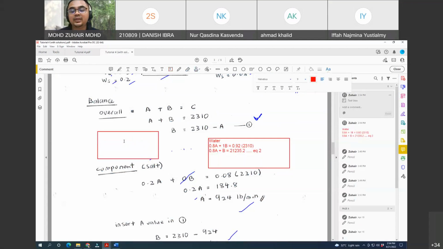We insert equation 1: 0.8 A plus B, which is 2310 minus A, equals 2125.2. Is that right? 2125.2.